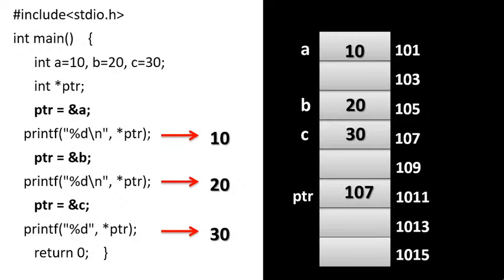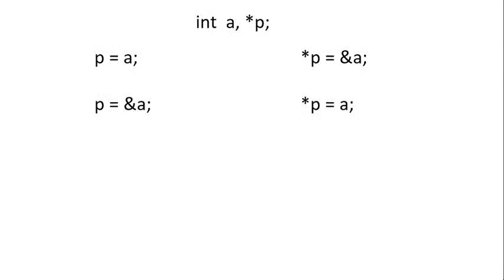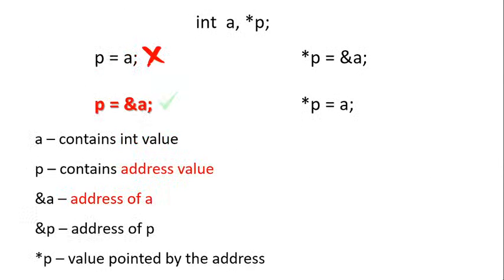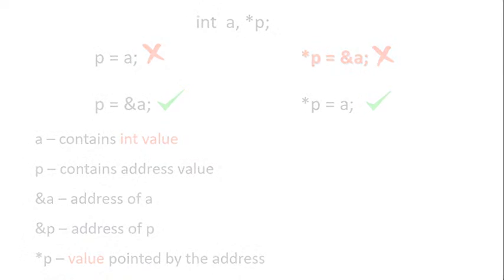So that's why I said if you read it as value at PTR, the value will be printed. What is the value at PTR? Value of A. If I just print PTR, that will be the address of A. I have one more example, don't worry, you'll understand it there.